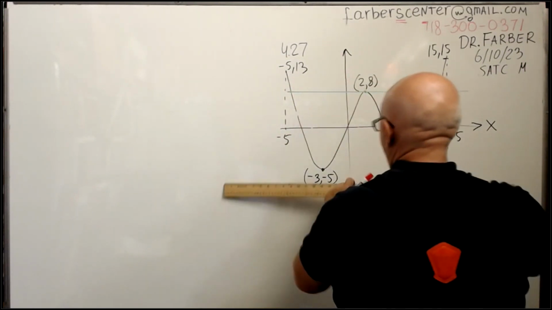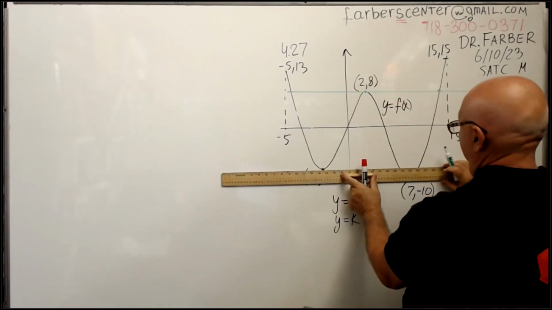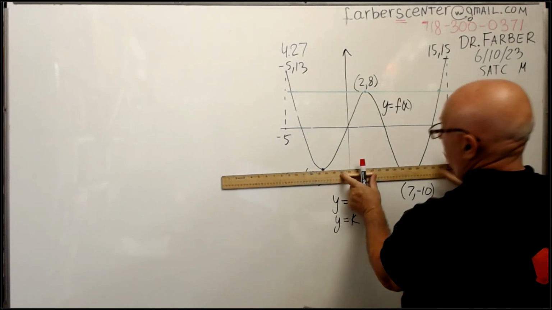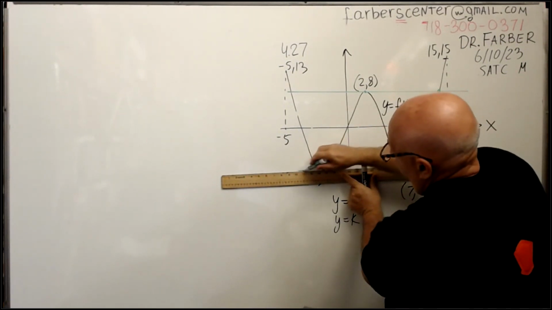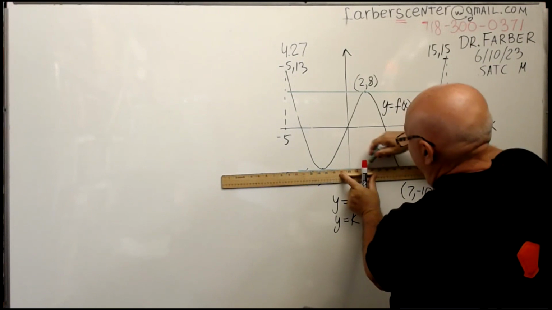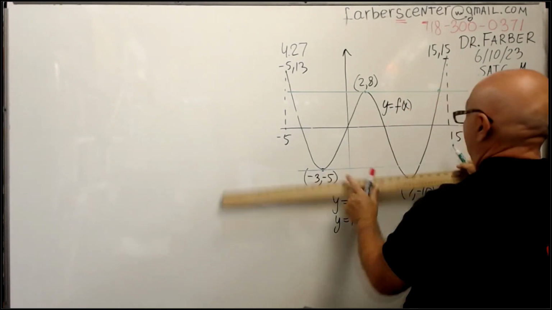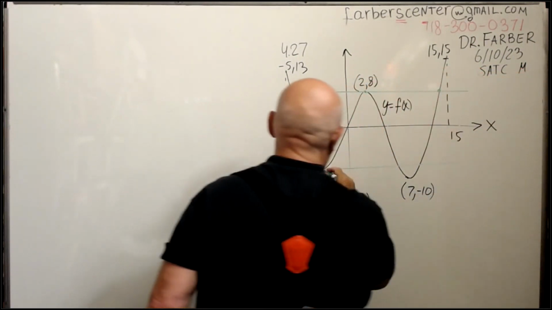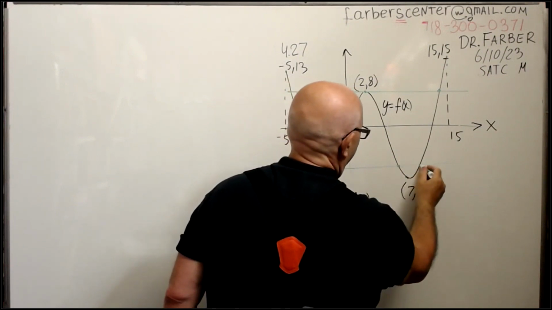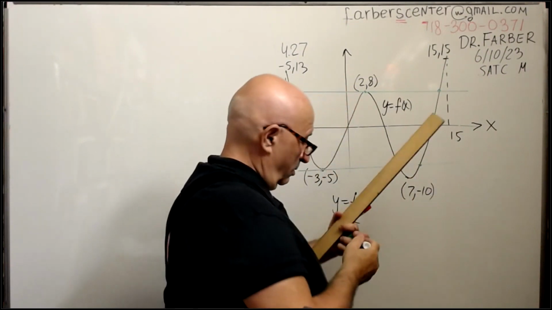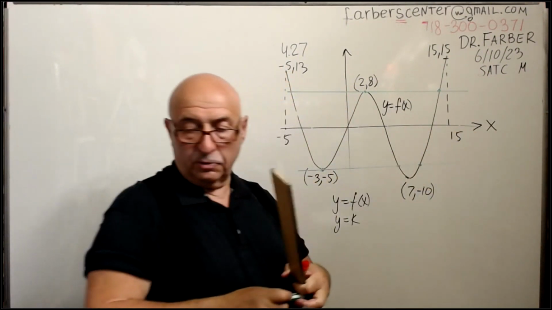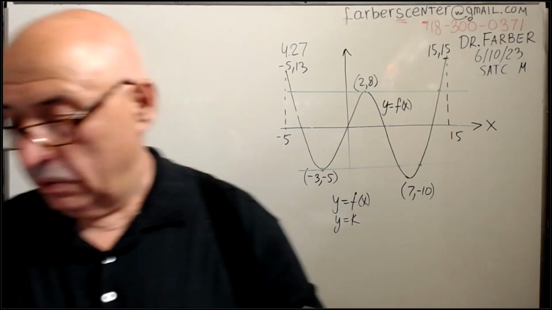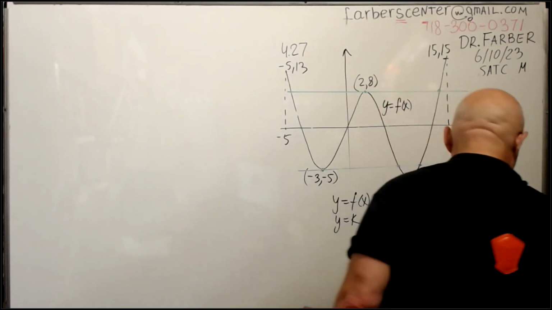Or I can make another line parallel to the x-axis, which also has 3 points of intersection. Now look at your multiple choice and choose which line is the answer.